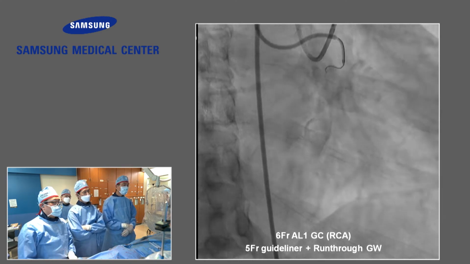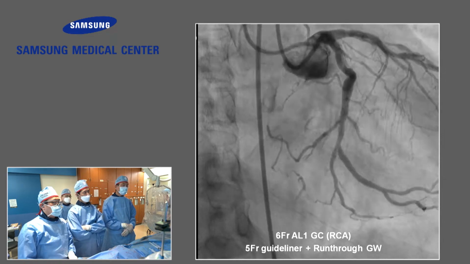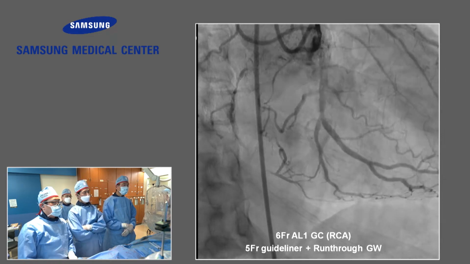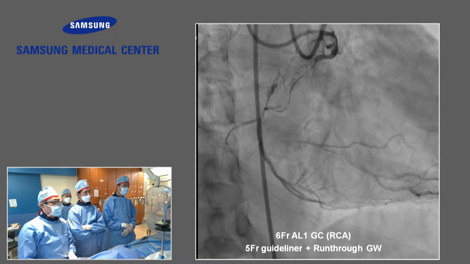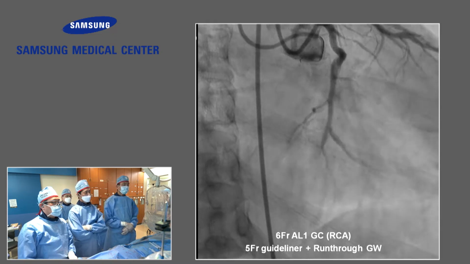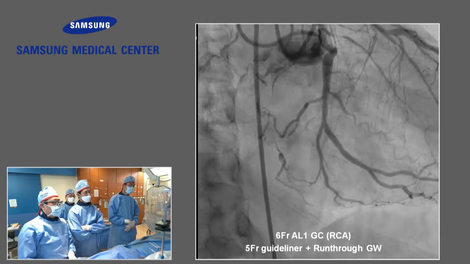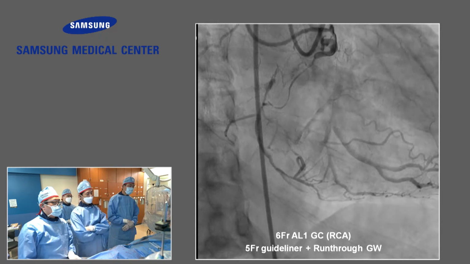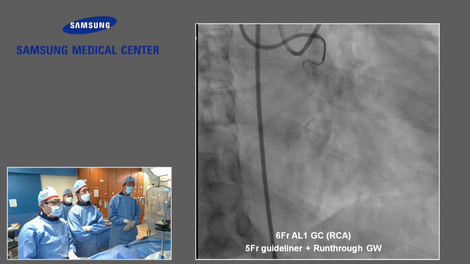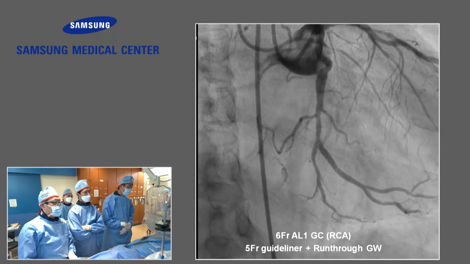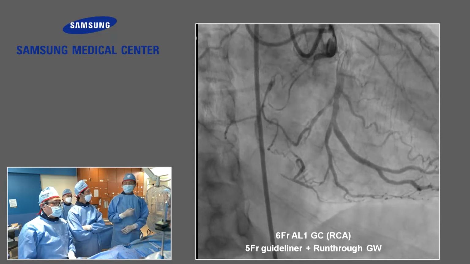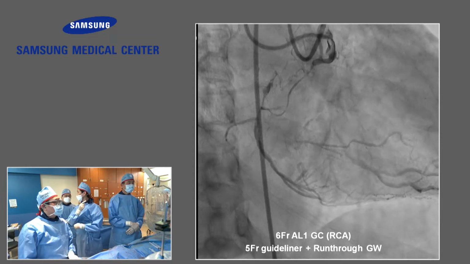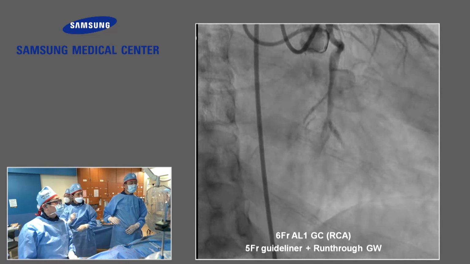So Dr. Kwon used only a 5 French child Guideliner catheter. So how about using the 7 French Guideliner? Yeah, maybe. It's more useful for the microcatheter and a double lumen catheter.